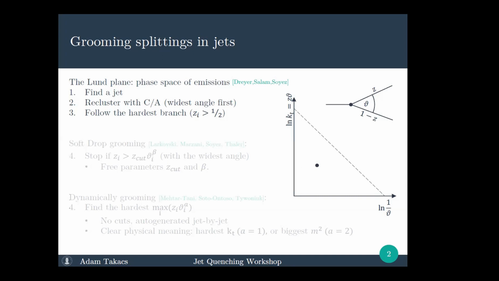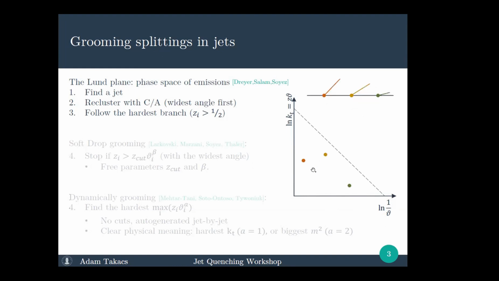The Lund plane is a useful representation of the phase space of the individual emissions. For example, if you have an emission with a given angle and a given energy, then you can plot it on this plane where here are the small angles, here are the wide angles, hard emissions, soft emissions.